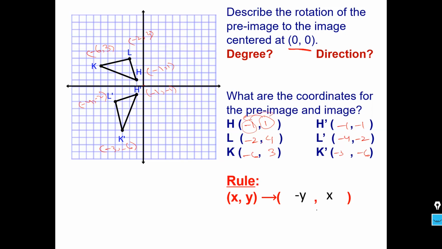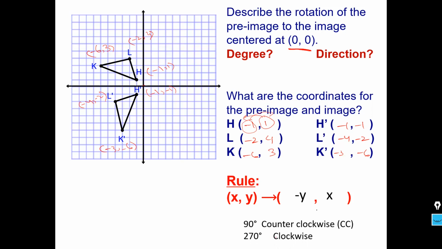Same as with L. 4 is positive, it has come to the x coordinate with a negative sign, and -2 only shifted to y's place. So we got the rule (x, y) turns to (-y, x). Now we look at our rules to see which rule changes (x, y) to (-y, x). So it is 90-degree counterclockwise or 270-degree clockwise.